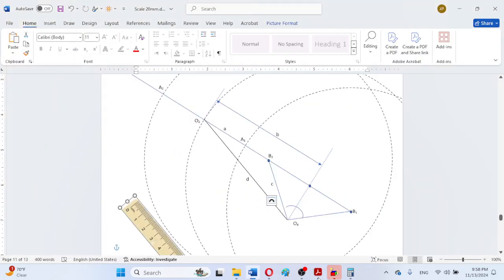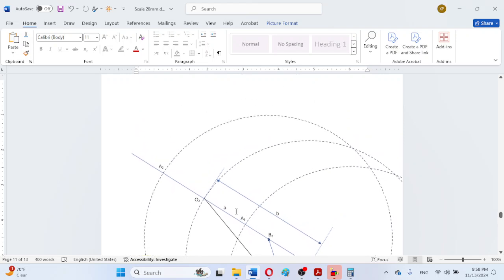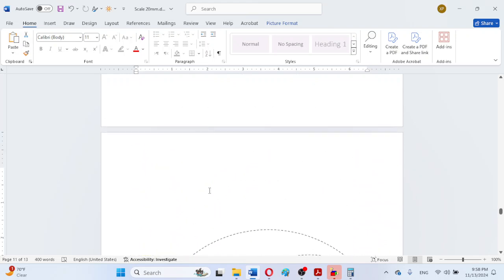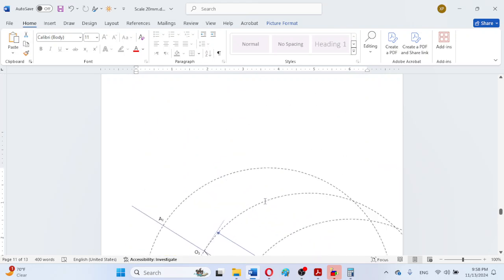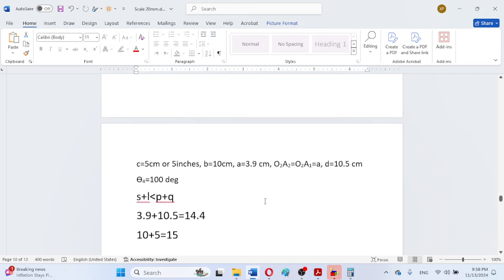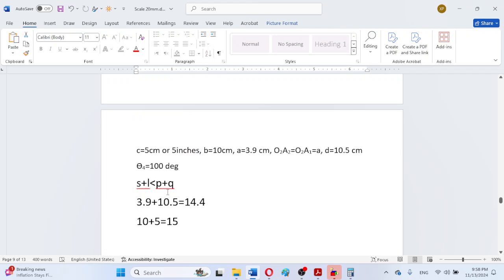So according to these dimensions, when you will be fabricating this mechanism, it will be giving 100-degree throw between these two extremes, and these will be the dimensions of the links. So 100-degree will be throw.